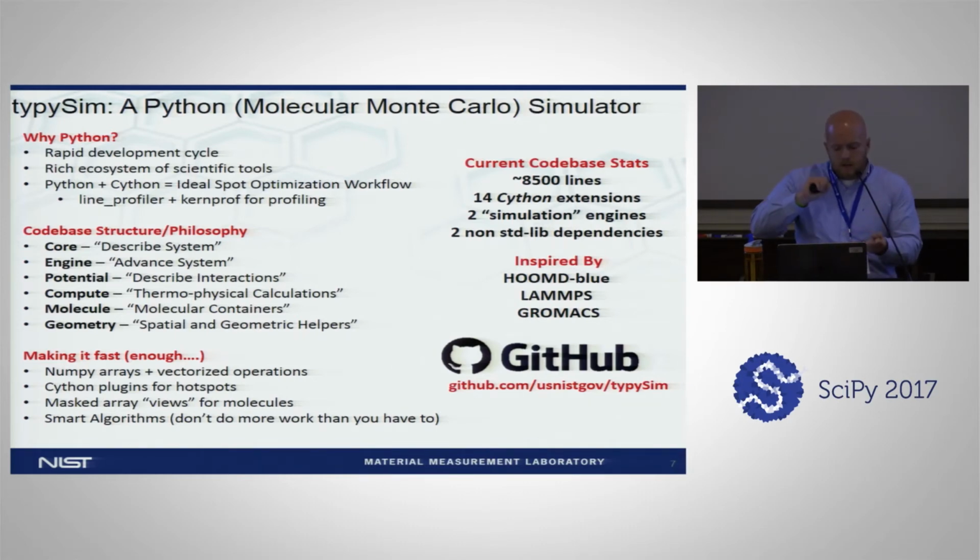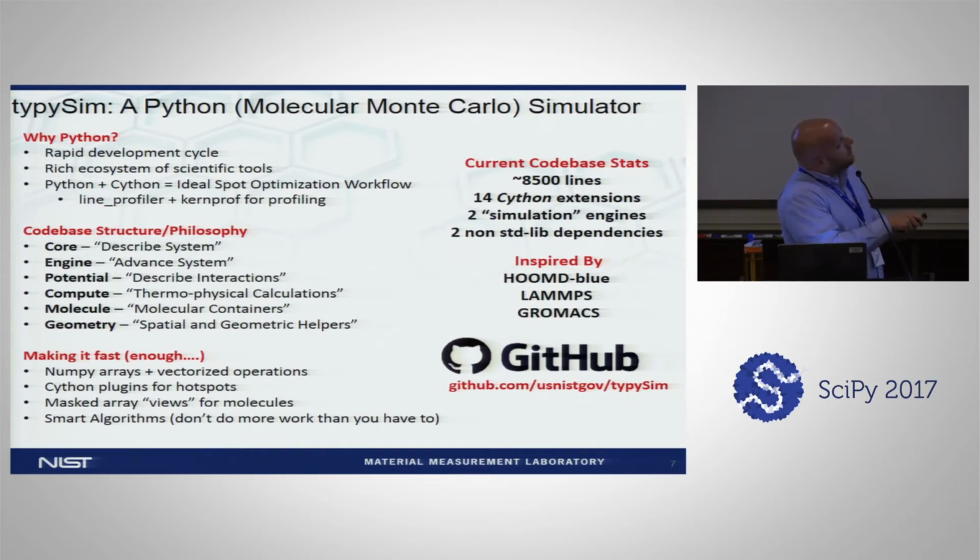And so that's a spatial optimization engine that's really good for setting up initial configurations. But it's an abstract idea of how we can take the initial system state and advance it in some prescribed way. We also have computes, which is where our thermophysical calculations lie. We have the potential directory where we describe how everything is interacting.